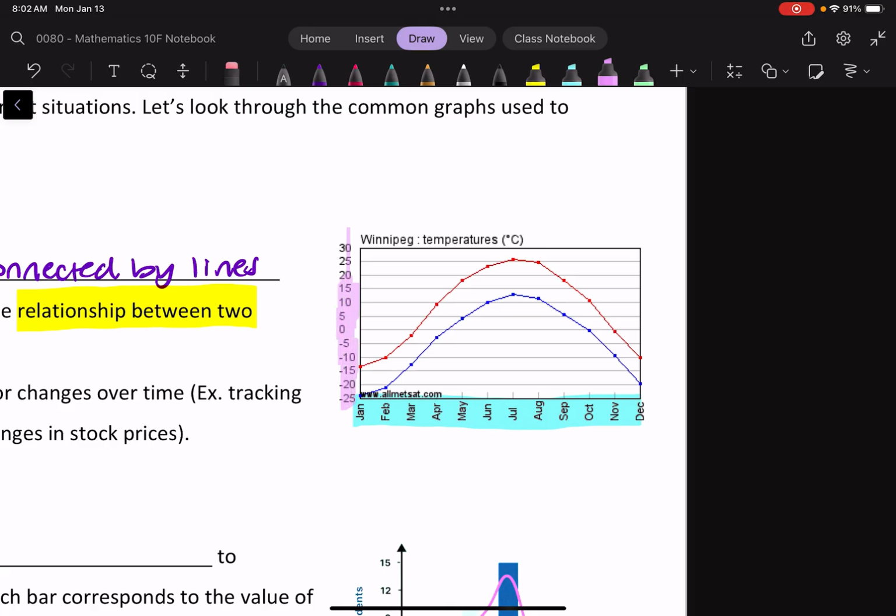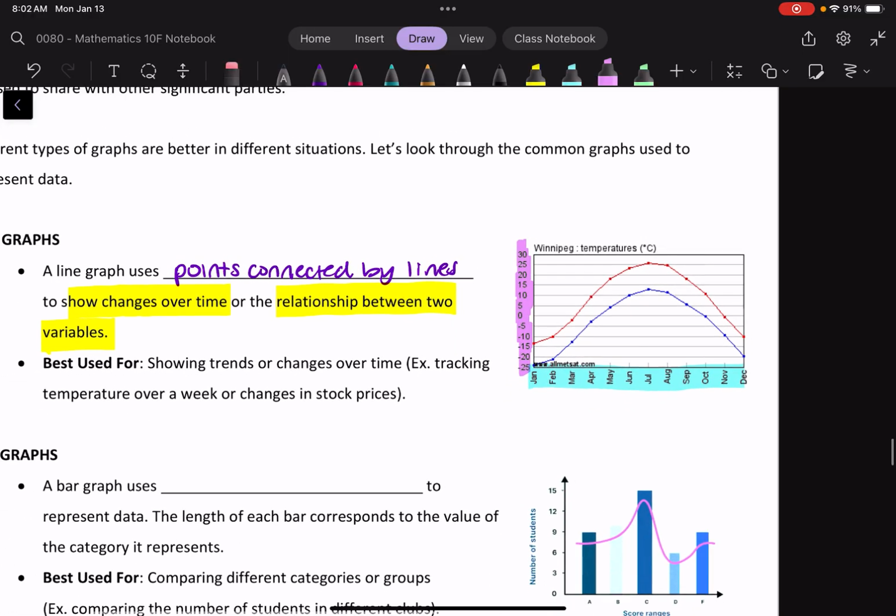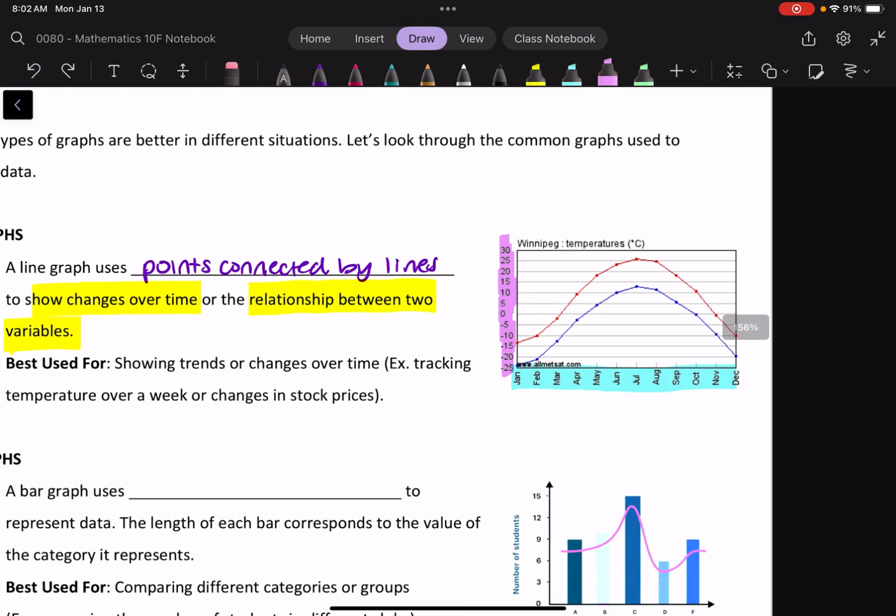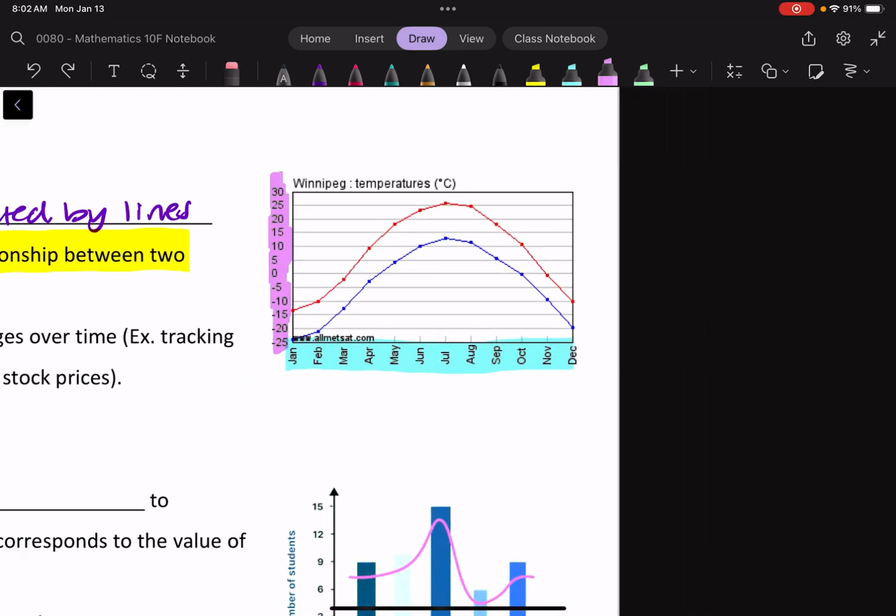So really what I'm doing is looking at the temperature over time, so how the temperature changes over time. Or I can also say I'm looking at the relationship between temperature and the month or time of year. So this is what the line graph here does.